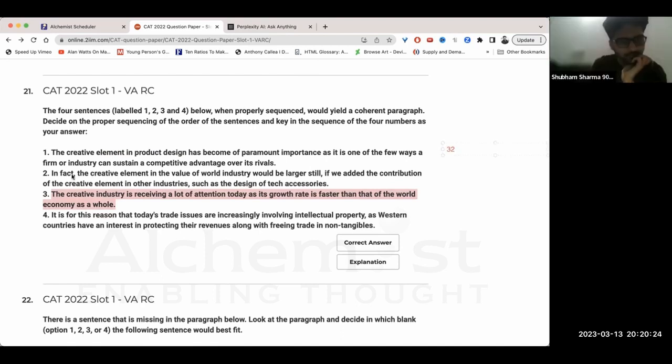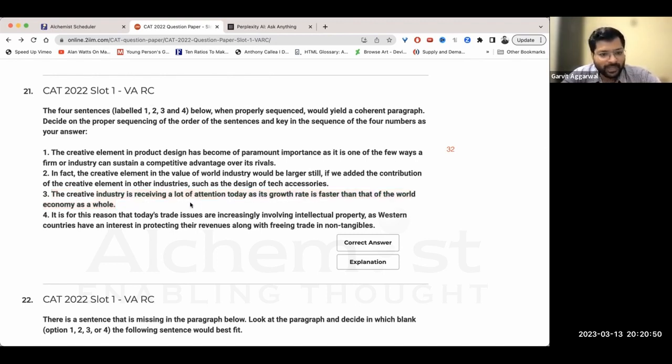Saying, in fact, अब इसमें क्या बोला था? उसकी growth rate की बात की, it is faster than the economy. In fact, the creative element in the value of the industry would be still larger, जितनी है उससे ज़्यादा होती, if we added the contribution of creative element in other industries, such as design of tech accessories. Clear? Now, design has been introduced, which means I can continue talking about design now.